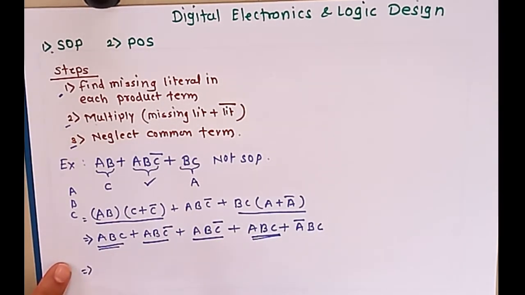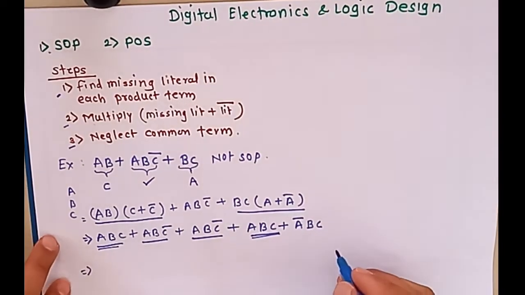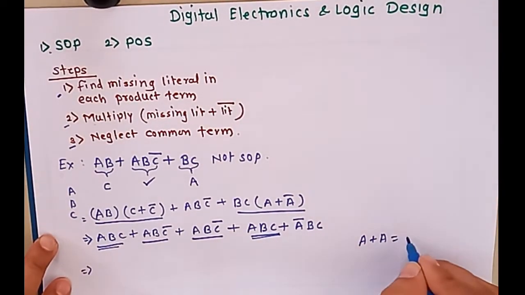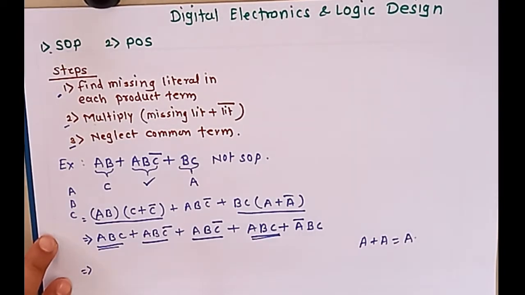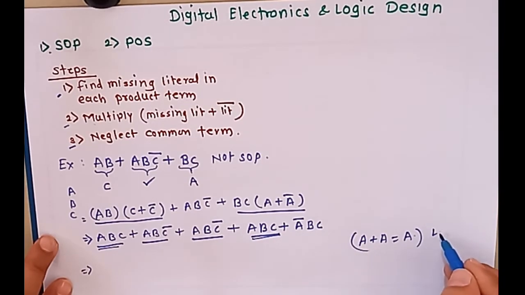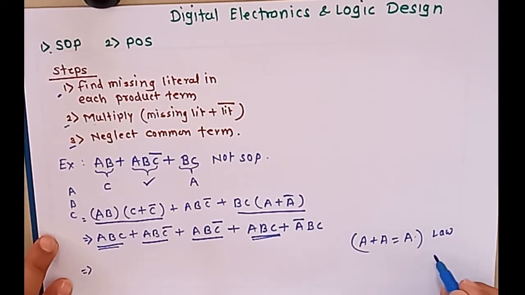As per the Boolean law, suppose A plus A equals A. We will refer to A plus A as A. This is a Boolean law, or a property of Boolean functions.